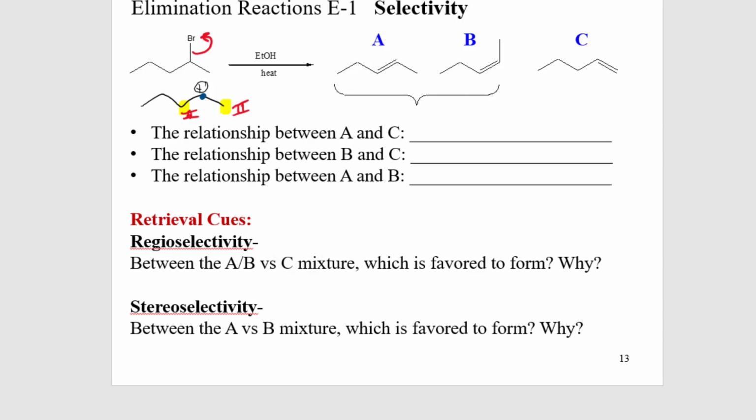So 1 and 2. If I deprotonate at 1, I have 2 possibilities, right? So this is if I removed a hydrogen at 1. If I removed a hydrogen at 2, I would form product C. This is my product distribution. These are all the possible major and minor products that I'm going to form. The relationship between A and C is what?